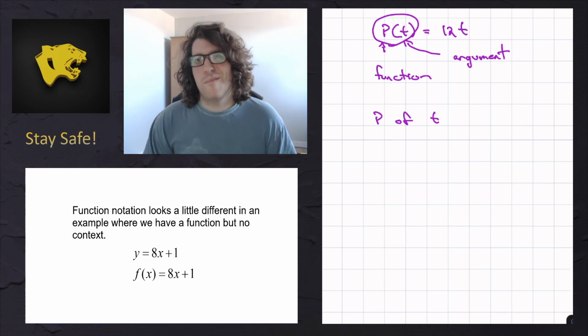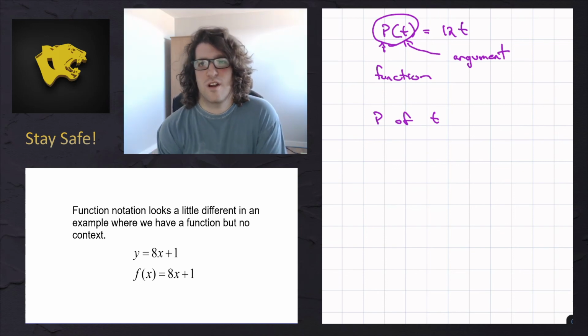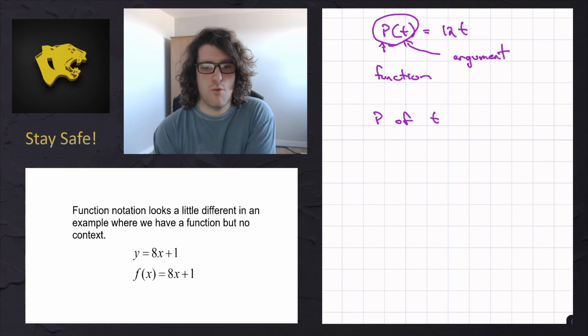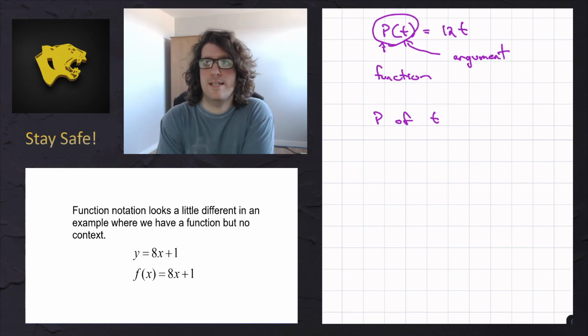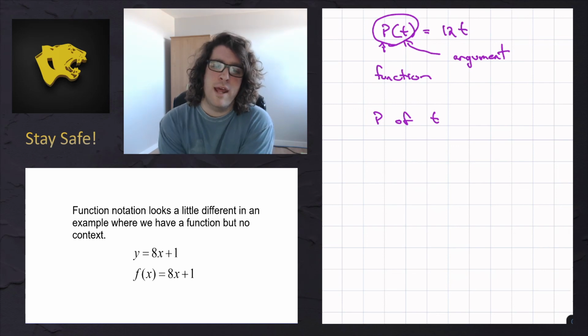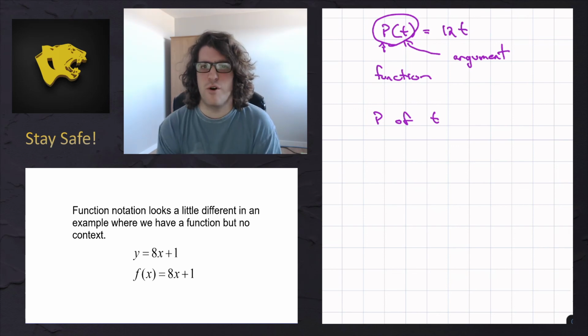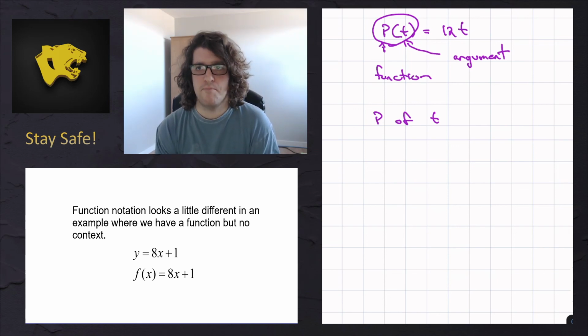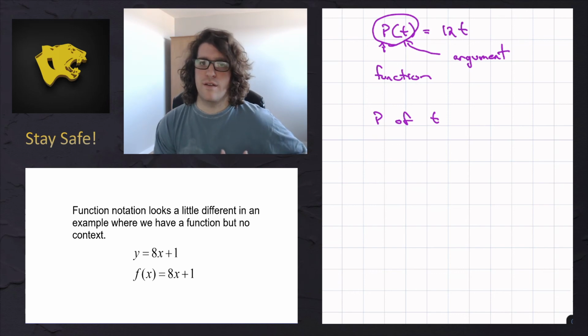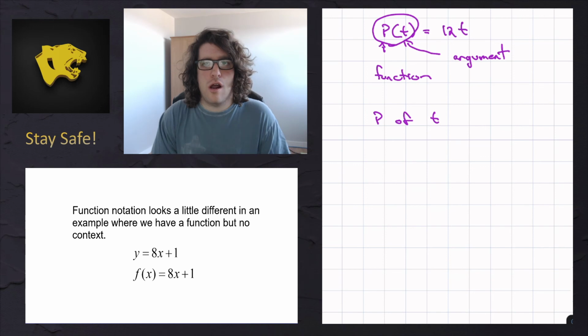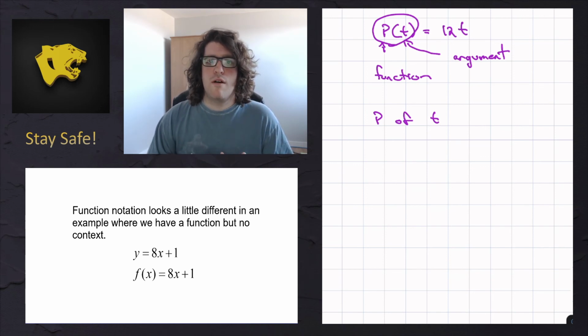Now, sometimes you will come across algebraic expressions that have no context. So y is equal to 8x plus 1, for instance, is a linear function that we'll see later on. And so we don't really know what y is and we don't know what x is. Instead of using the label y, when we go to function notation, a lot of times we go to a specific part of the alphabet, actually.